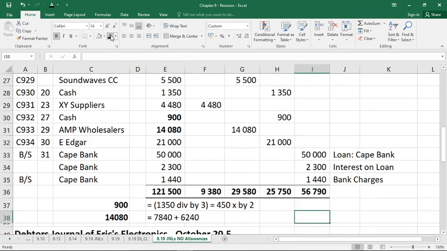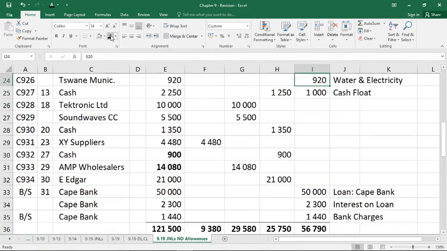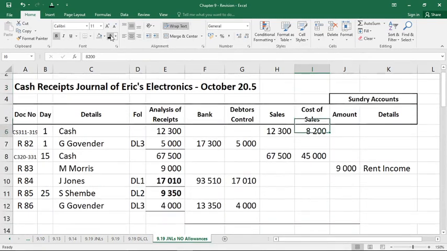And the last part of this transaction says interest of 370 Rand on the favorable bank account balance. So we are earning money here for having money in our bank. So we go up to the CRJ because we're receiving money. It's the last entry here, bank statement 31. The details is Cape Bank, the name of our bank.